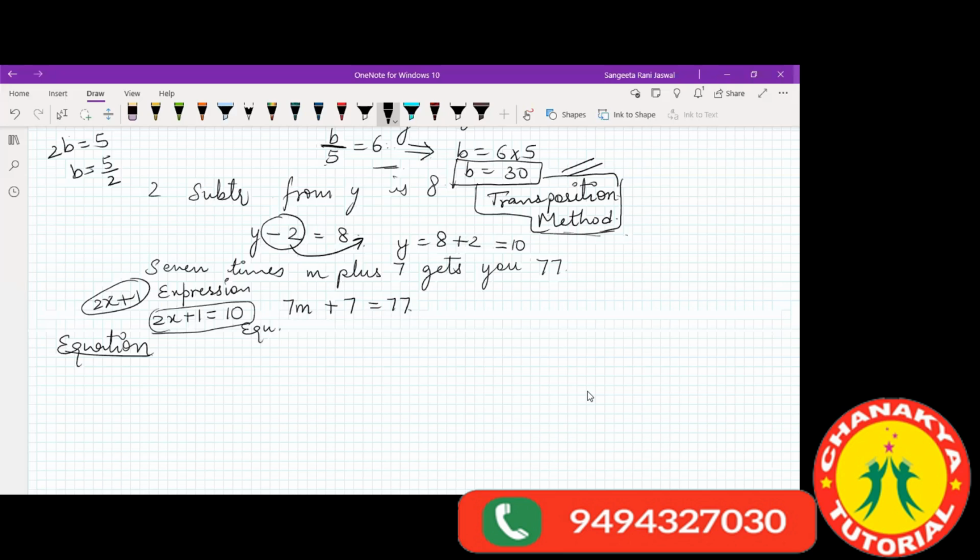Do you understand this? Yes, ma'am. When this equal to sign comes into the picture, it becomes an equation. Okay, so please write down what is an equation. An equation is a condition.